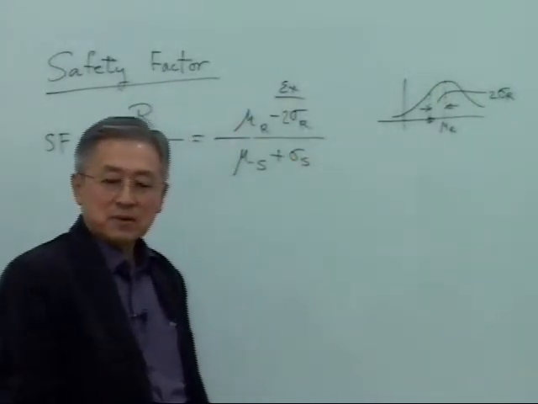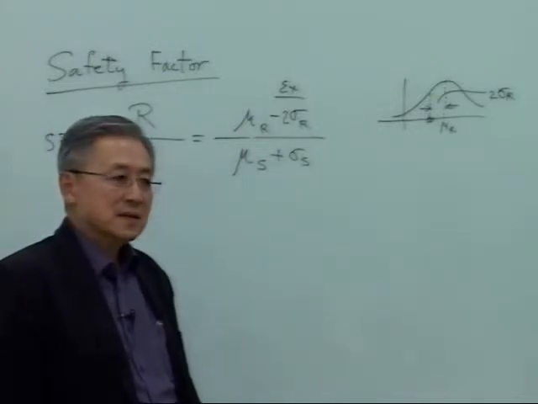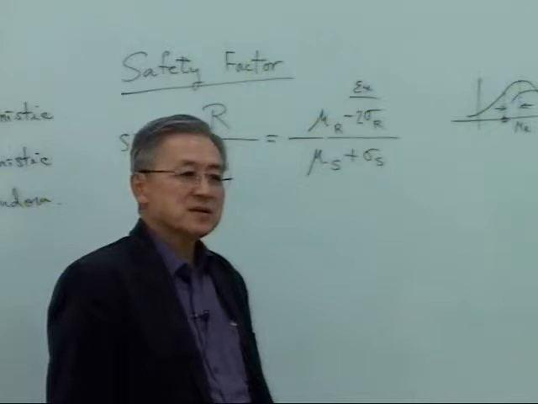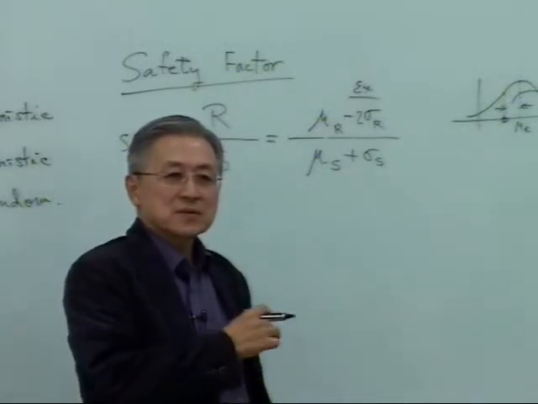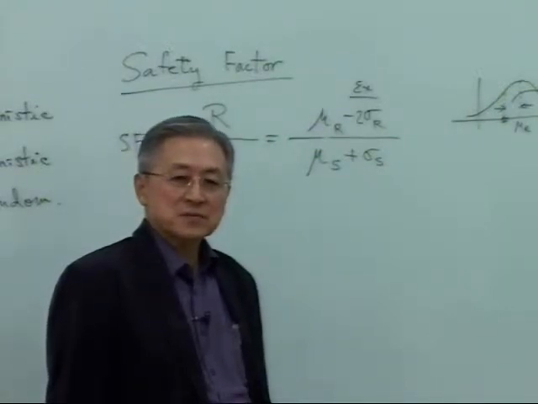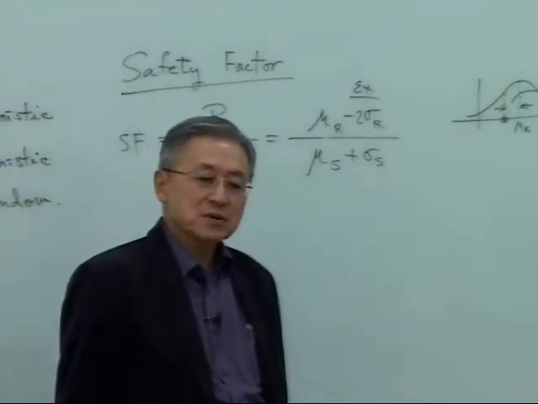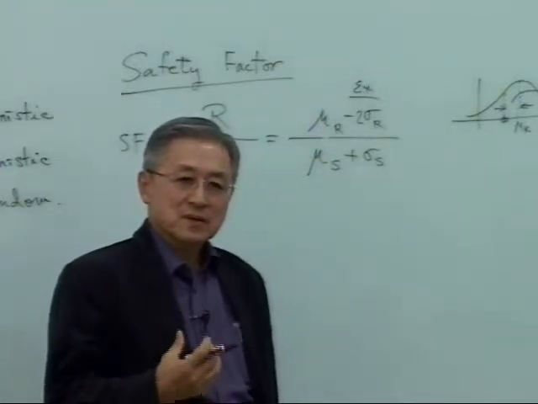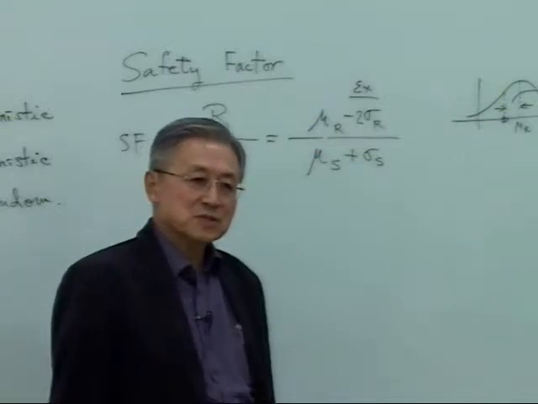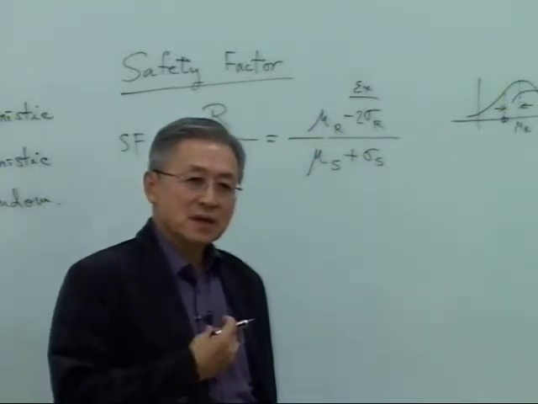That's what the designer classically uses, such a division as the safety factor. I need that much cushion, otherwise it's too much risk. If the structure collapses, then I'll be out.